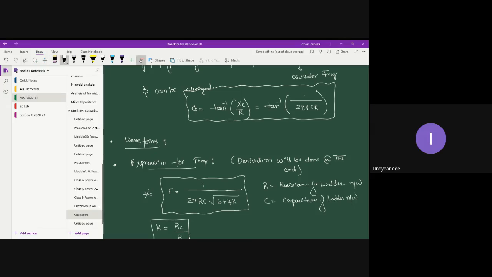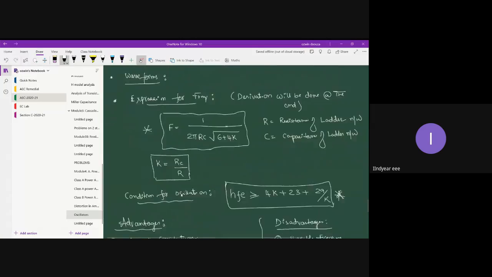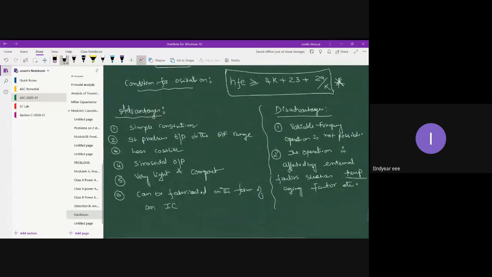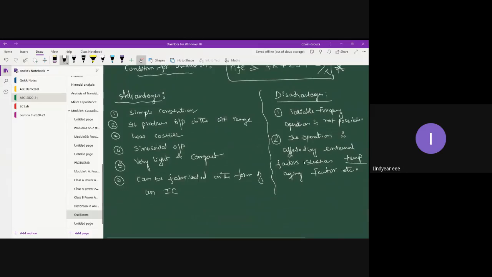The resistance value may drift from its set value. So due to this drift in resistance and capacitance value, once again the frequency may get affected. These are the major disadvantages of RC phase shift oscillator.